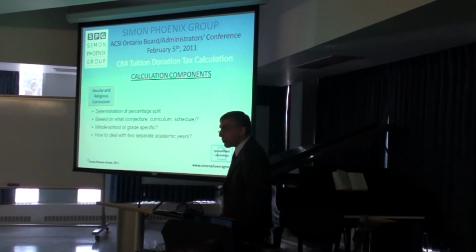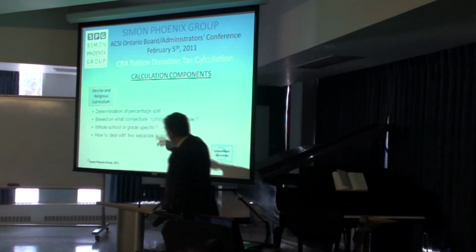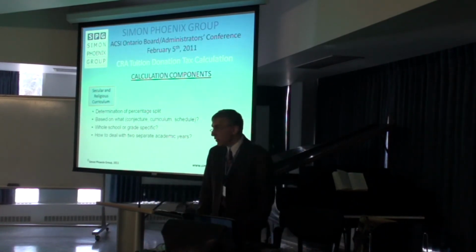How to deal with 2 separate academic years. I mentioned that earlier. I have it here as a question, but it's really a statement. When you perform the calculation, you need to keep that in mind. If your calculation is going to be based on 2 separate academic years, then that needs to be taken into consideration, especially if you're doing a grade-specific split.